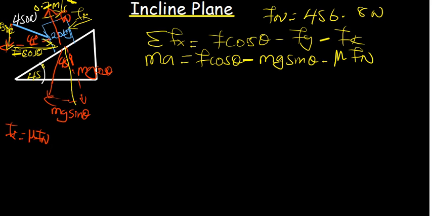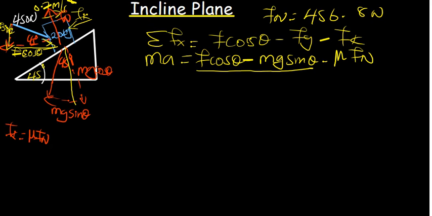So we want to calculate the mu. We know the mass, we know the acceleration, right? What should we do? We are supposed to shift the whole of this term to the other side.